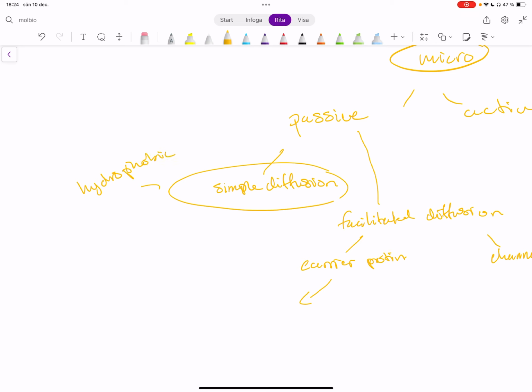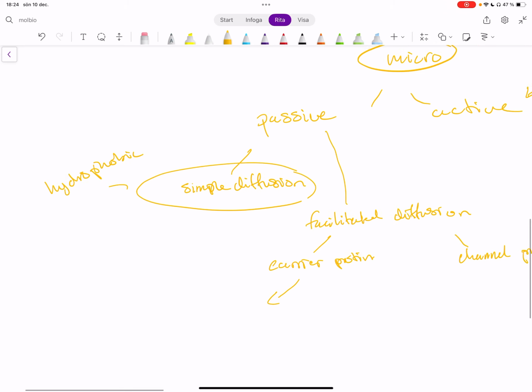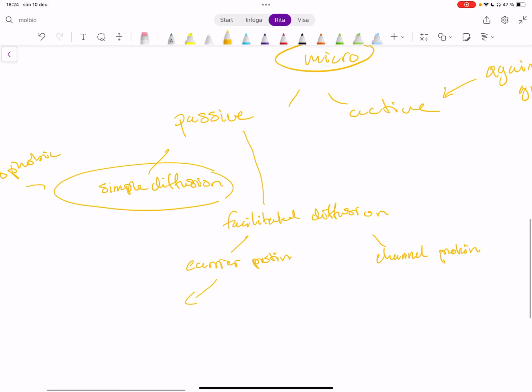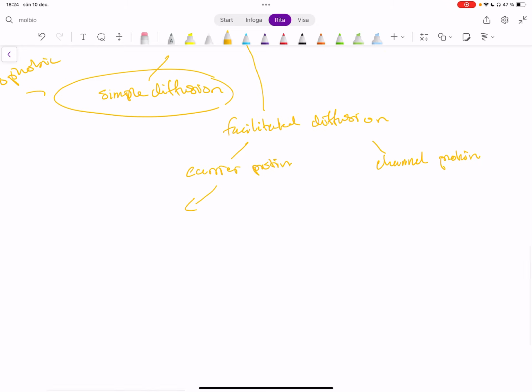Only hydrophobic molecules can do simple diffusion, because they can diffuse over the phospholipid bilayer, but hydrophilic molecules cannot do that. So hydrophilic and charged small ions can use facilitated diffusion to be able to transport.